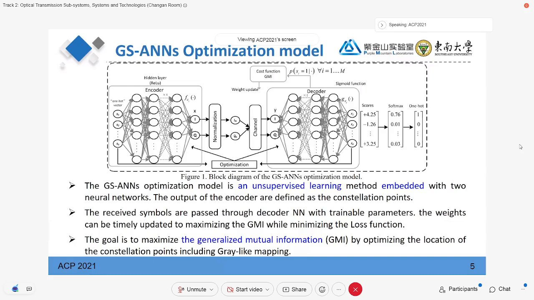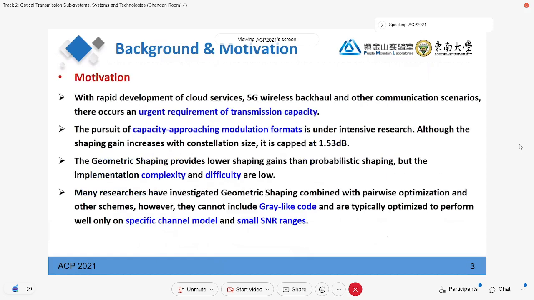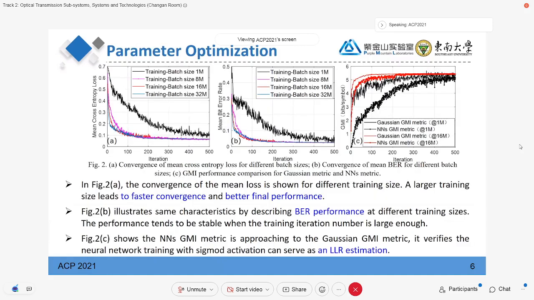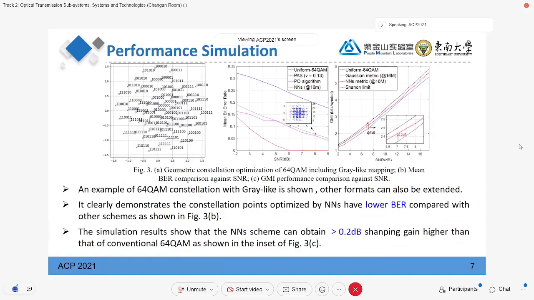I have one question. In Figure 3, the left figure, Figure 3a.